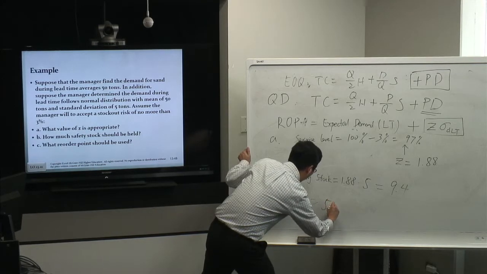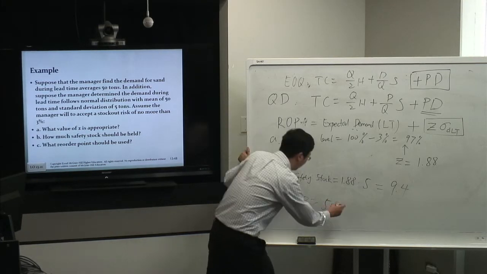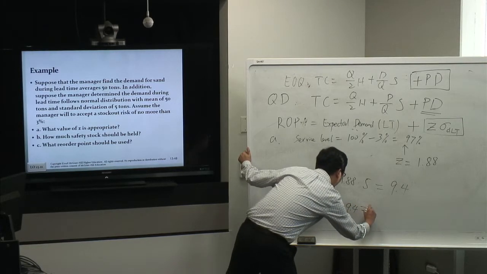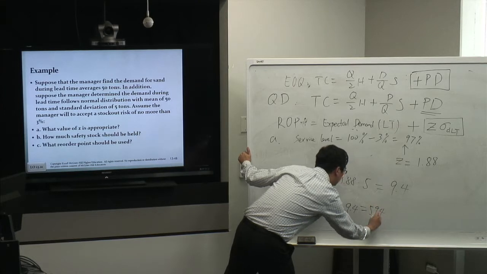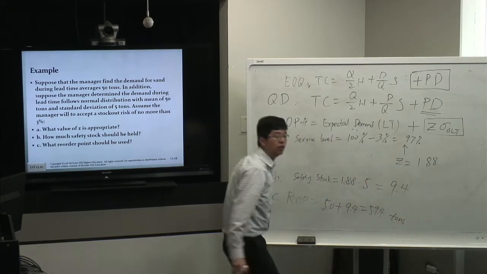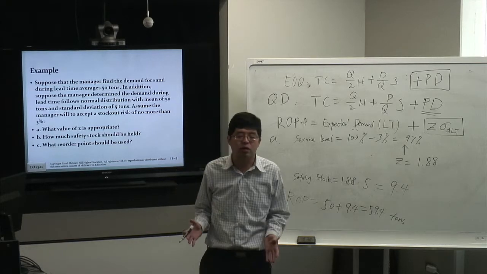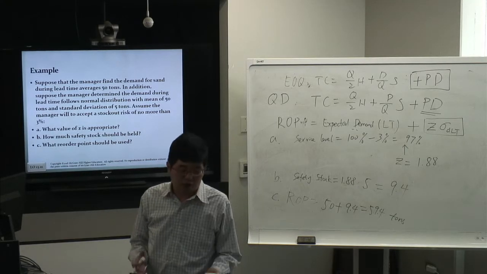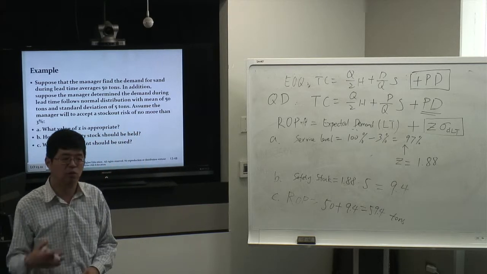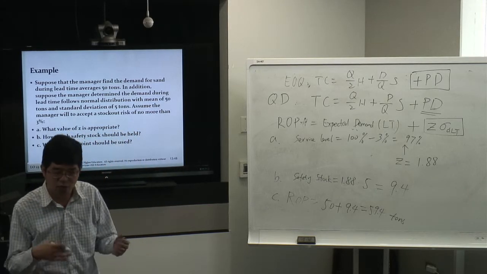Okay, it's the expected demand during lead time, which is 50, or average, plus the 9.4 safety stock, so you have 59.4. You can add the units, tons. So that means you find your on-hand inventory level of sand. If it reaches this 59.4 tons, you place the order. Okay, that's how we finish the question.